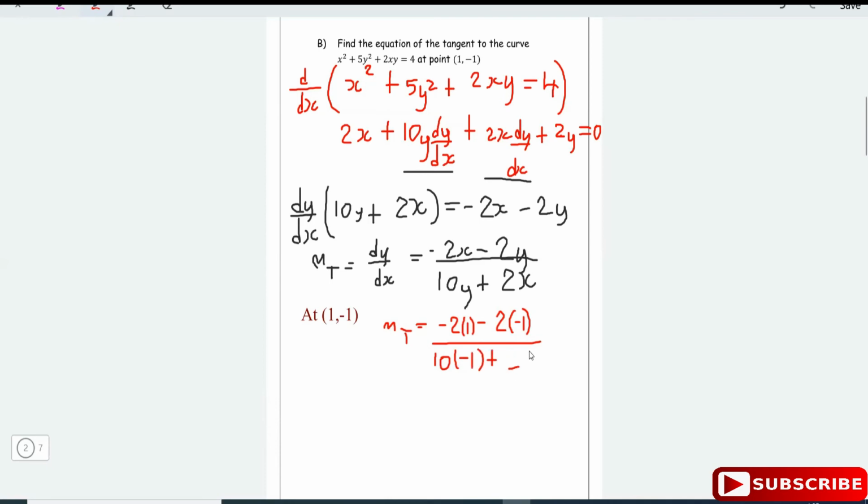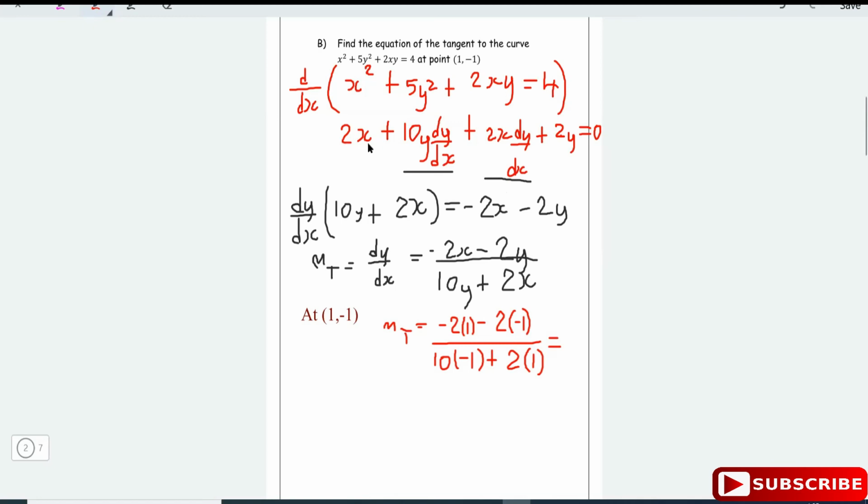That will be the gradient of the tangent. Nice and easy. So let us evaluate that. Minus 2 times 1, minus 2 times minus 1. If you work out the numerator, you're quickly going to get 0. We're definitely going to get 0.